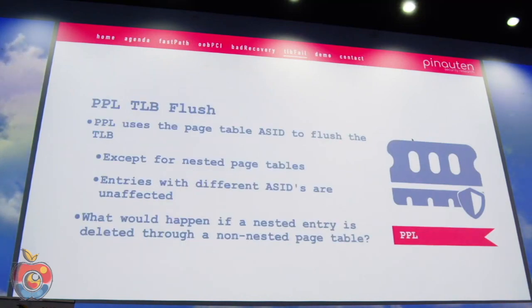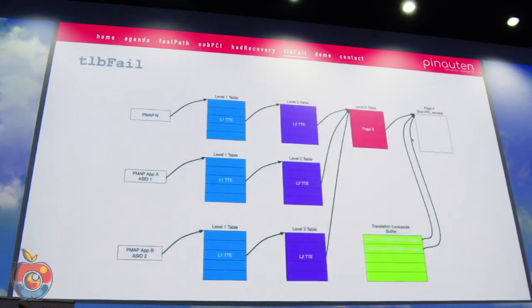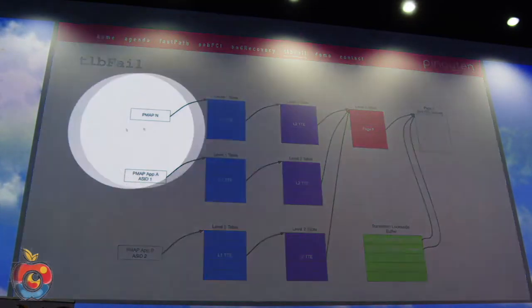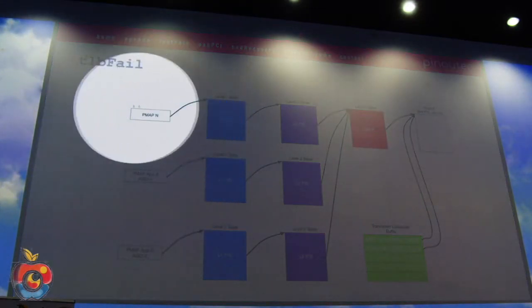Now, the question is, what would happen if we delete a nested entry through our application's page table instead of going through the DYLD shared cache page table? If we start like this, we have two applications again, A and B, and we have the DYLD shared cache here again.